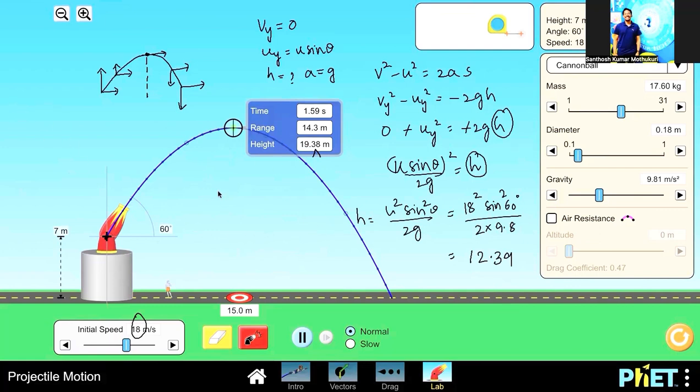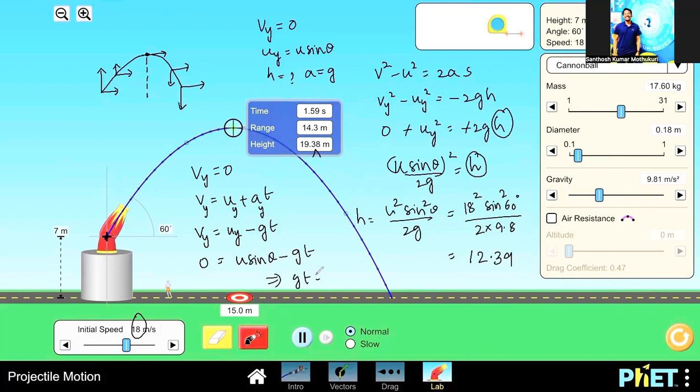In order to find out time, again we use the same thing, which is at the particular maximum height, the final velocity is 0. And we can use v is equal to u plus at formula. vy is equal to uy plus ay t. vy is equal to uy minus gt. Yes. So here the final velocity is 0. This is u sine theta minus gt.